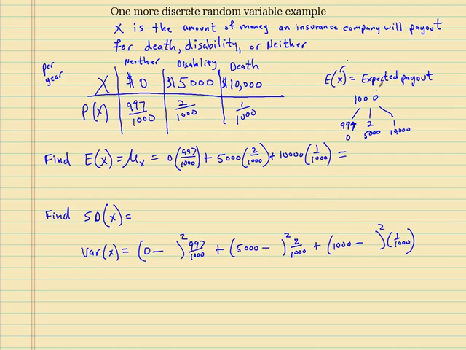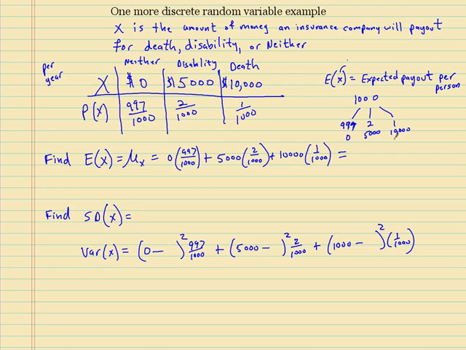The expected payout is actually the expected payout per person. I'll show you why everybody gets confused. Technically, let's look at how much money they're going to give out per year.